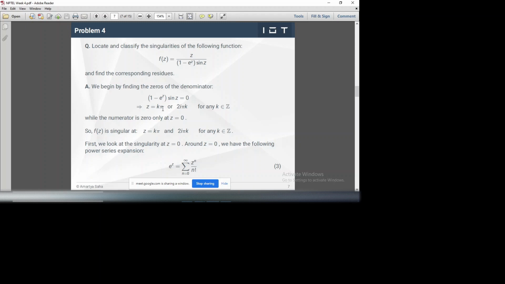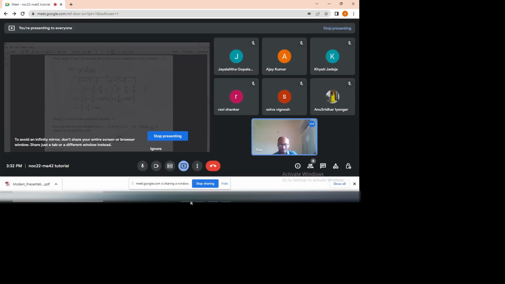And then we are left with the last kind of singularities, that is z equal to k pi. These kinds of problems are quite time taking. So let us move on to the last kind of singularities.